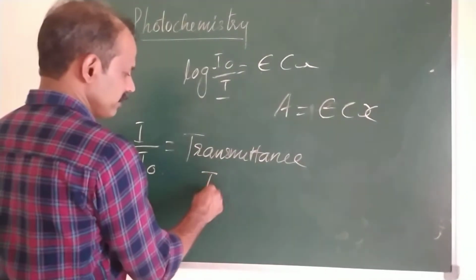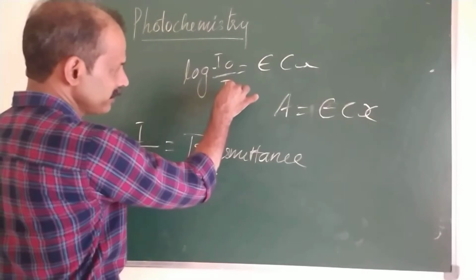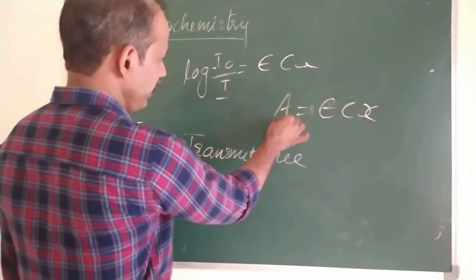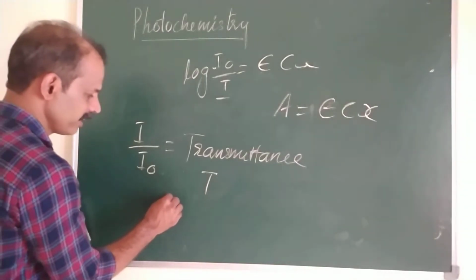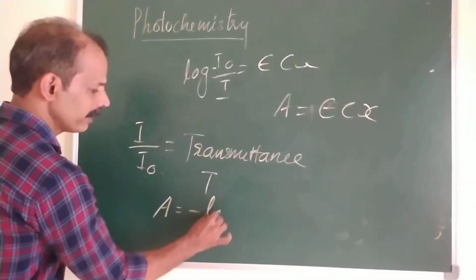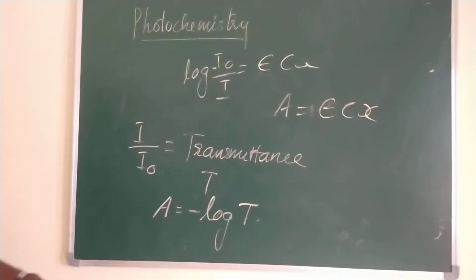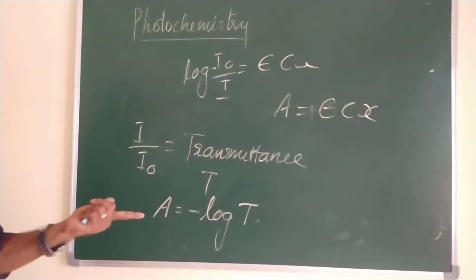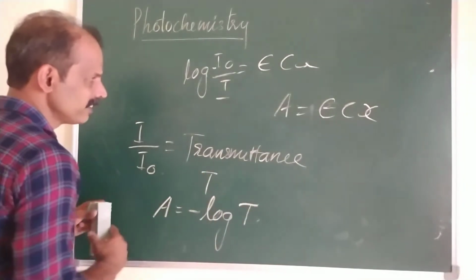That is T. And we know log I0 by I is equal to A. So we can put it as A is equal to minus log T. So that is the relation between absorbance and the transmittance.